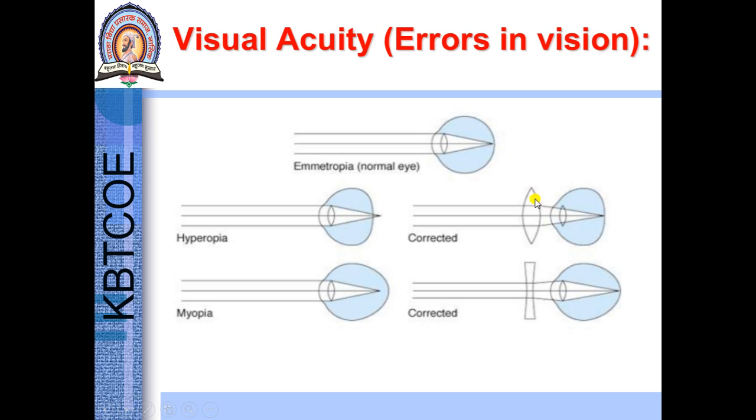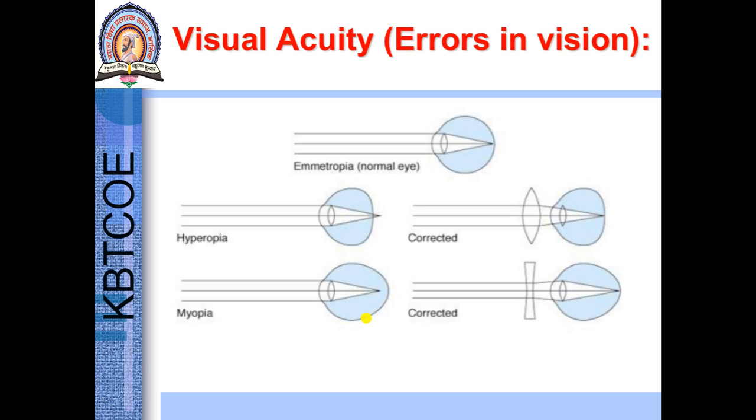So after getting this, a convex lens is used and the light is focused. After using a convex lens through spectacles, the light converges and falls on the retina. And then through the optic nerves, the image is carried to the brain and the patient is able to see things clearly.